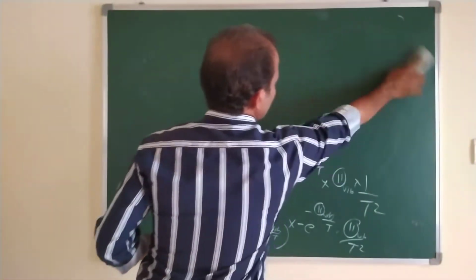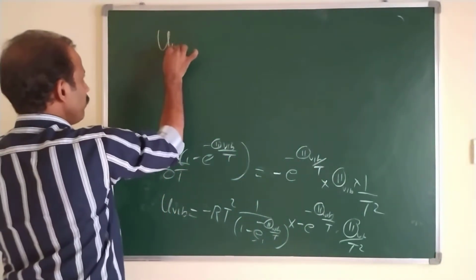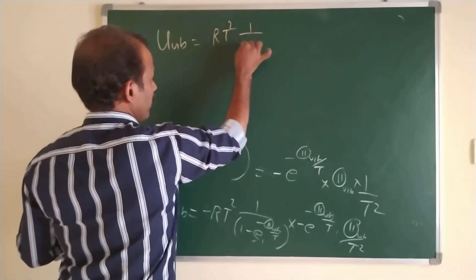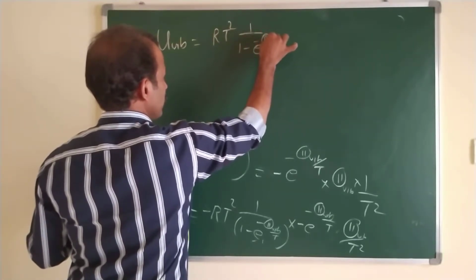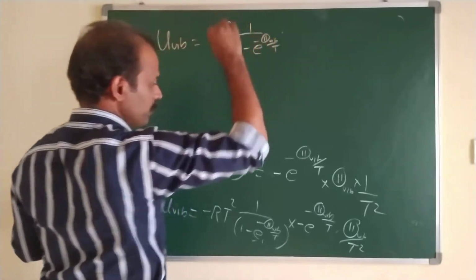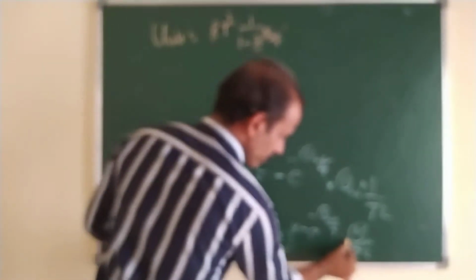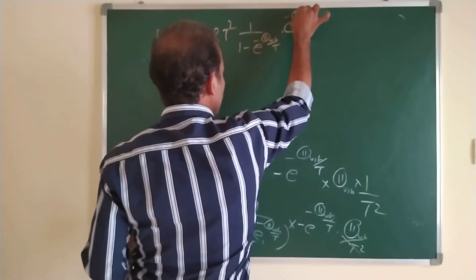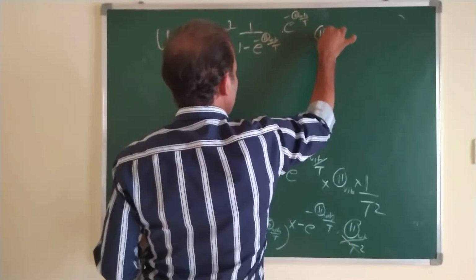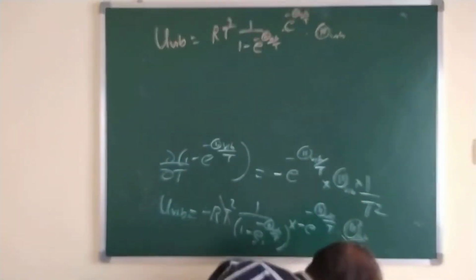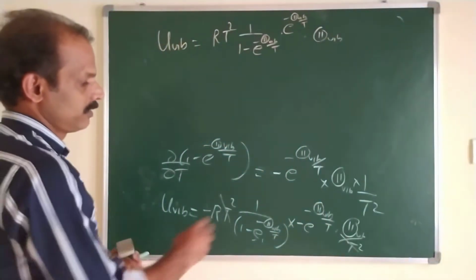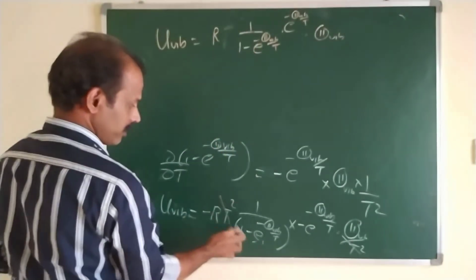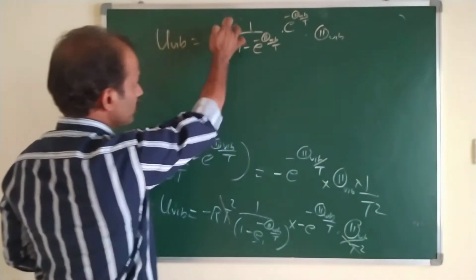So our equation is U vibrational equal to RT square, 1 by (1 minus e raised to minus theta vibrational by T), into e raised to minus theta vibrational by T into theta vibrational by T square. The T square and T square cancel each other, so there is no T square.